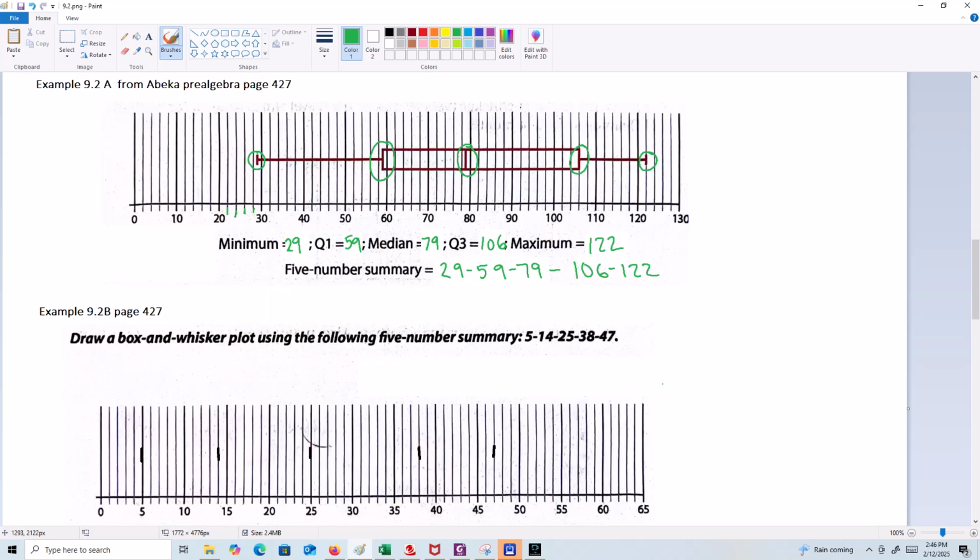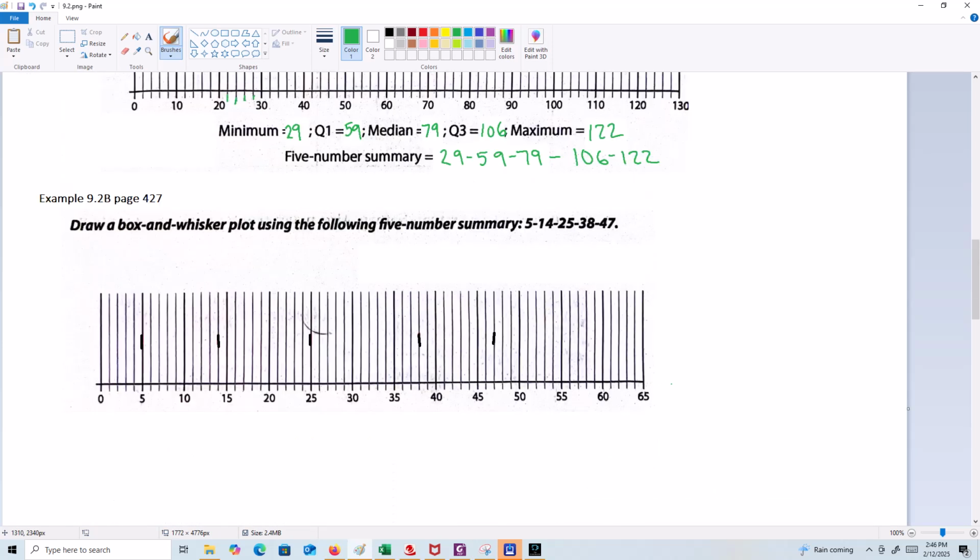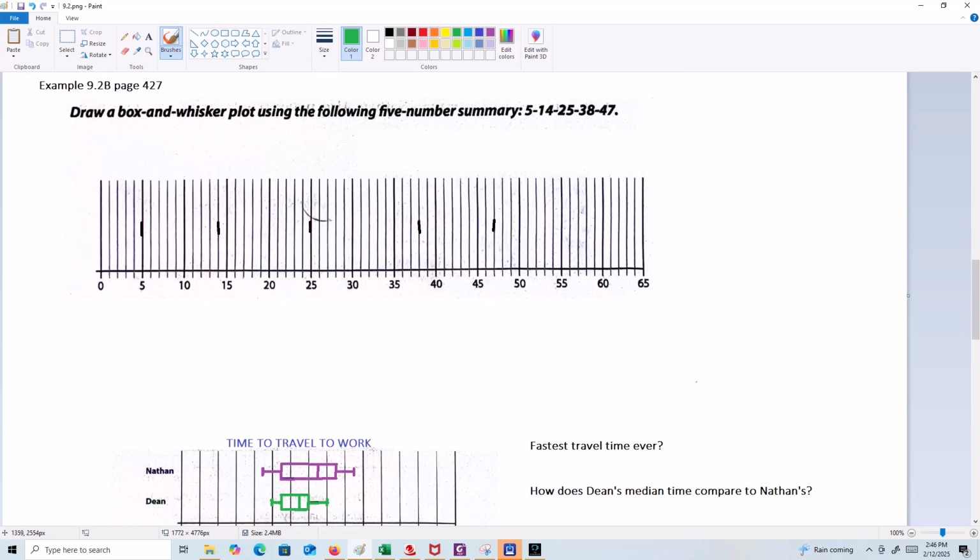All right, example 9.2b, page 427, instructs you to draw a box and whisker plot using the following 5 number summary: 5, 14, 25, 38, and 47. Well, we know that 5 is the min, 47 is the max, and 25 is the median.